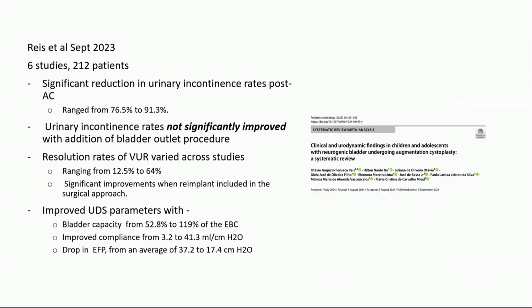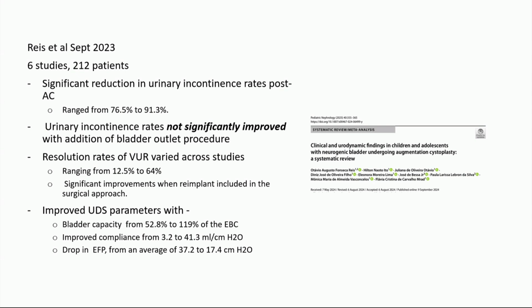In a recent systematic review and meta-analysis conducted by Rees et al. that investigated the clinical and urodynamic findings in children and adolescents with neurogenic bladder undergoing augmentation cystoplasty, it was found that it leads to substantial reductions in the urinary incontinence rates, with success rate ranging from 76.5 to 91.3%.